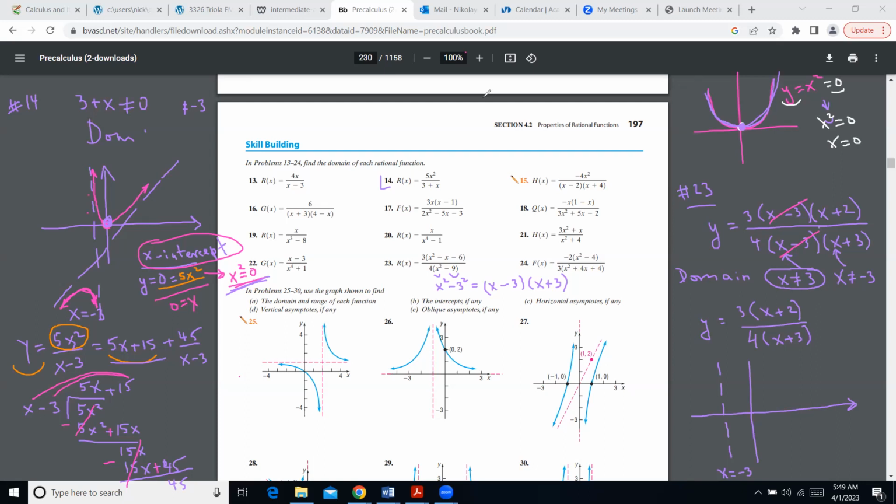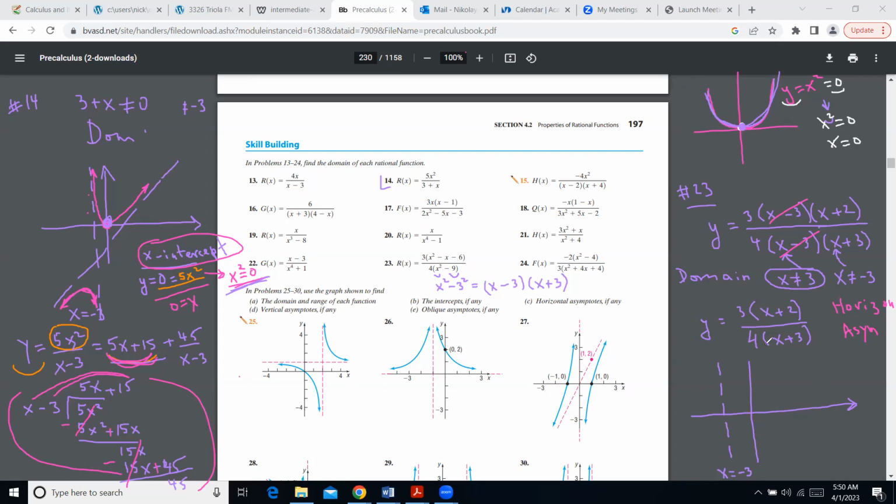So now I need to also look at the horizontal asymptote, and the horizontal asymptote, remember, will be a quotient of my numerator by denominator, just like we did in the previous example where I had to divide all that to produce the equation of the asymptote. So whatever the quotient is.